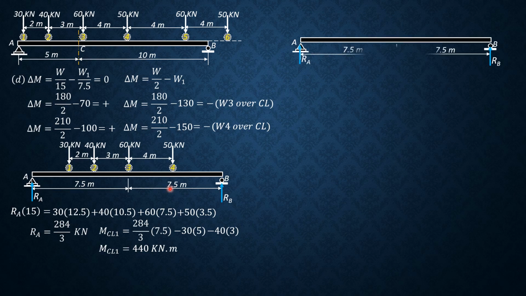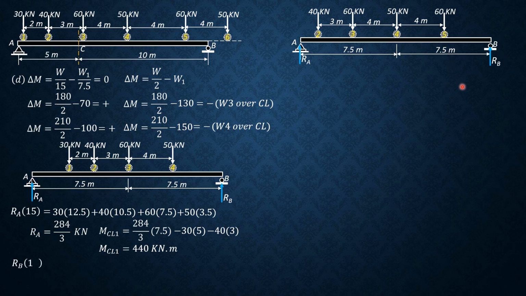Next, load 4 over center line. So these will be the loads that will fit on the center line. The 50 kilonewton load will be outside because the distance is 4 and it exceeds, 4 plus 4, 8, 7.5. So let's solve for RB this time. RB times 15. So the maximum moment on the center line is RB times 7.5 minus 60 times 4.